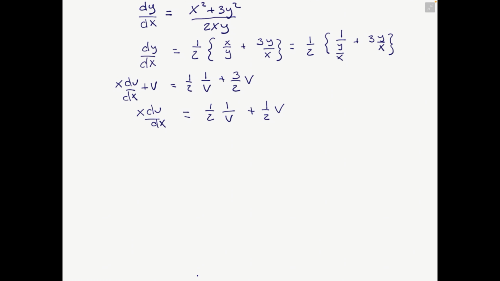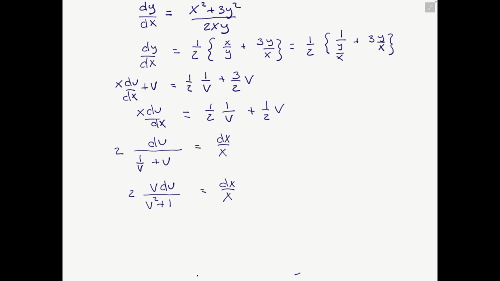And now we've got dv over, that's 2, and we got 1 on v plus v equals dx on x, and this then is v dv on v squared plus 1, times 2, equals dx on x. So now we've got this ratio.